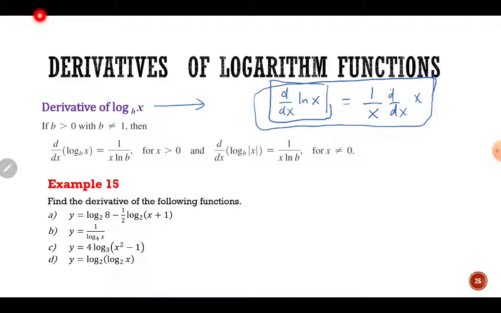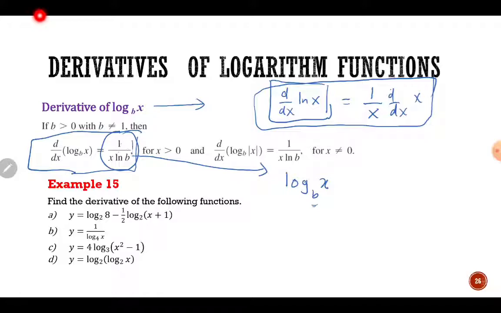Alright? So, to find the derivative of log x base b ni, dia akan jadi macam ni. Kenapa dia jadi 1 over x ln b ni? Ada cerita dia. Okay, we have a function log x base b.